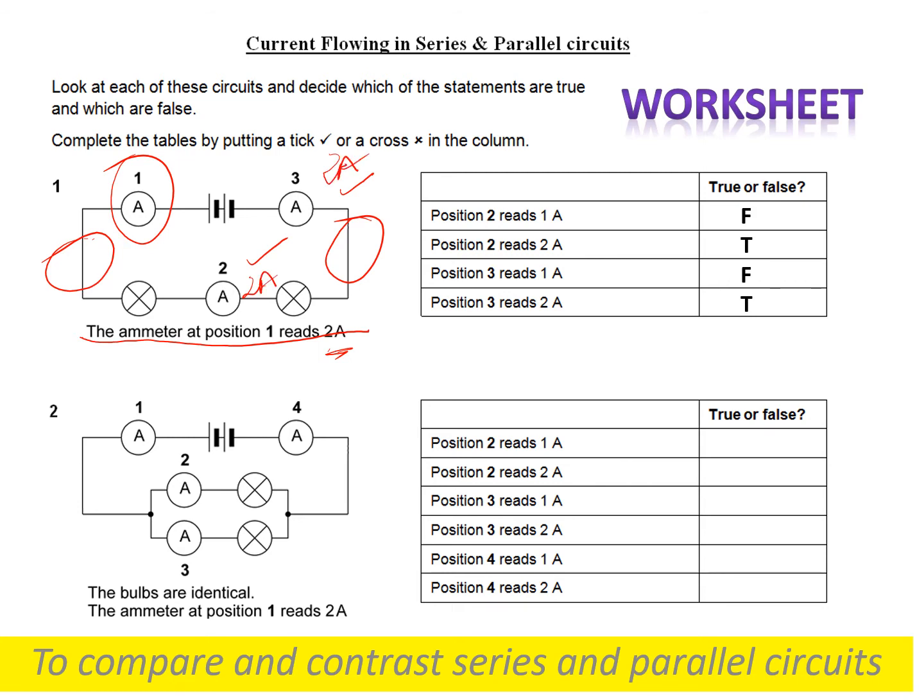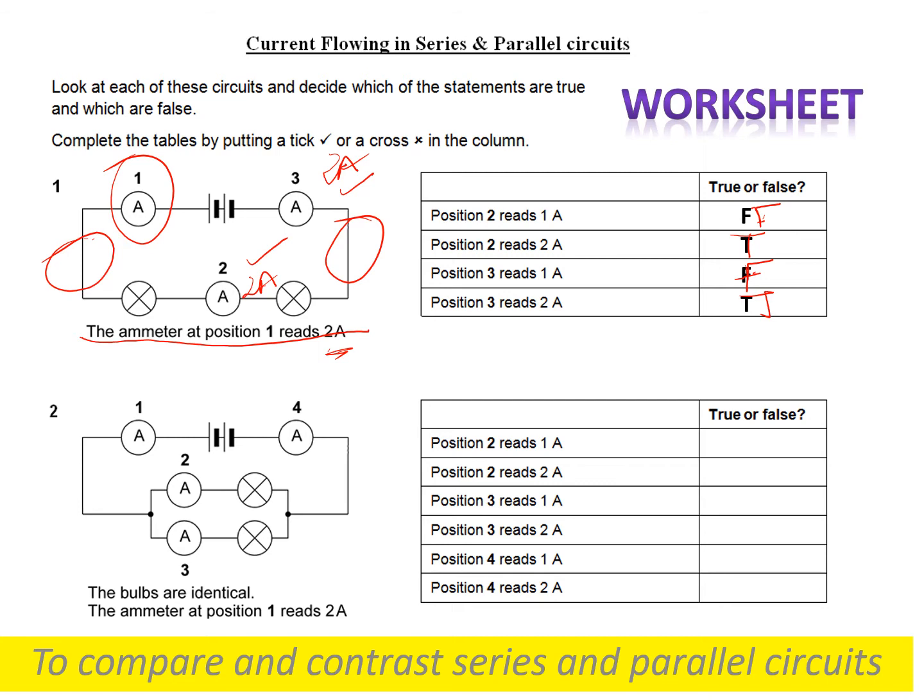This ammeter should also read 2 amps. Agreed? So what does it tell us? Position 2 reads 1 amp. So that has to be false. Position 2 reads 2 amps. It's true, right? Position 3 reads 1 amp, which is false again. And position 3 reads 2 amps. That is true. Now, let's look at question 2.